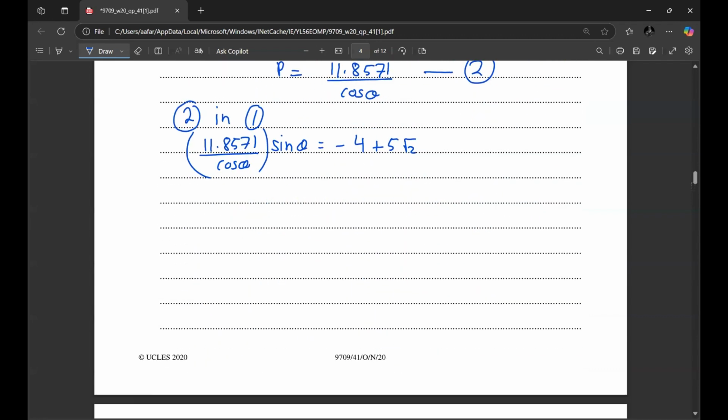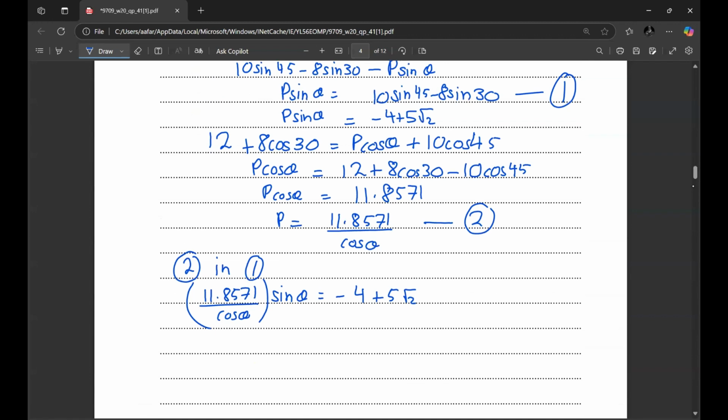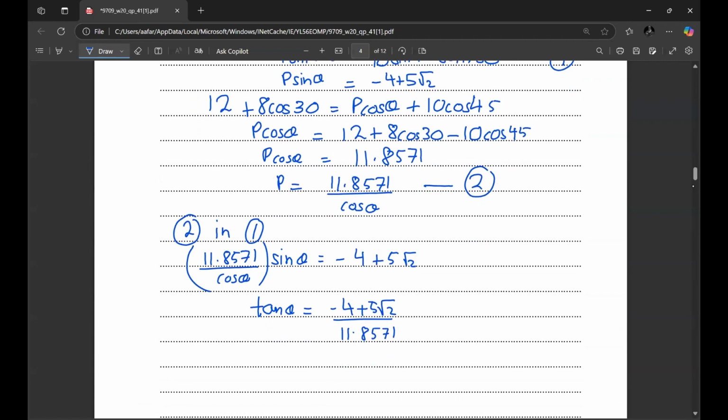So sine over cos theta is tan theta divided by 11.8571.